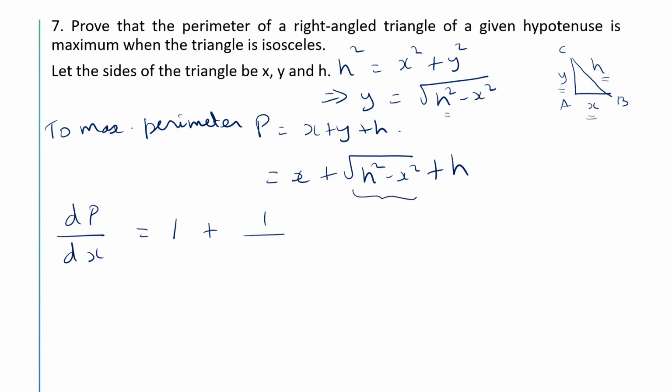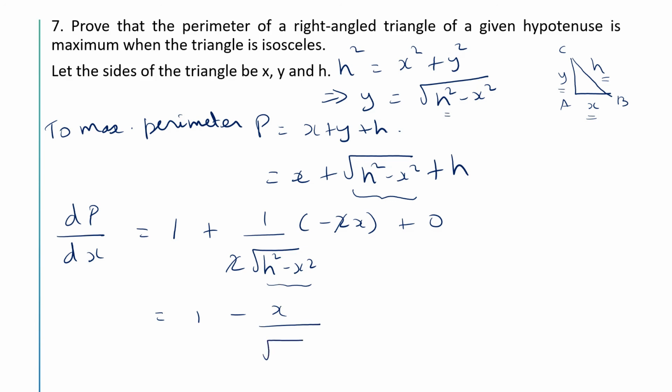So it is 1 by 2 into root of h square minus x square, then we have to differentiate the function inside the root into minus 2x plus 0 since h is a constant. So it is equal to 1 minus x by root of h square minus x square.